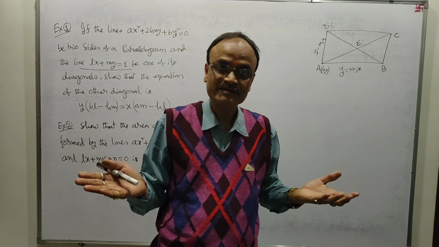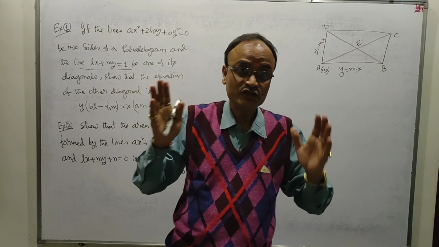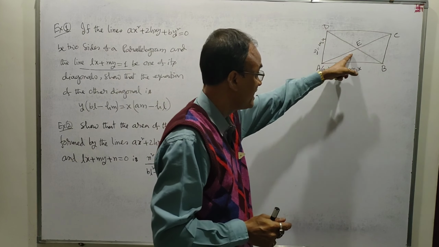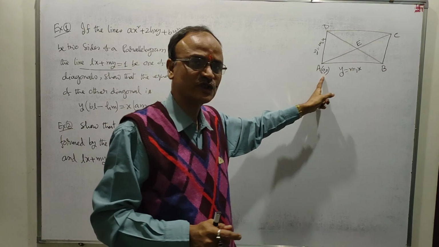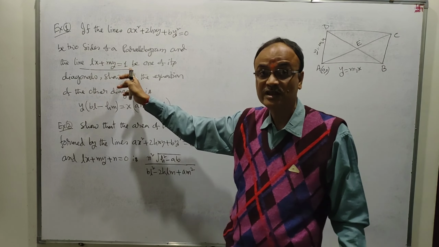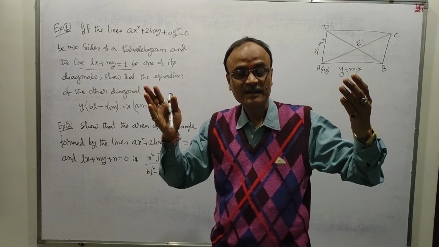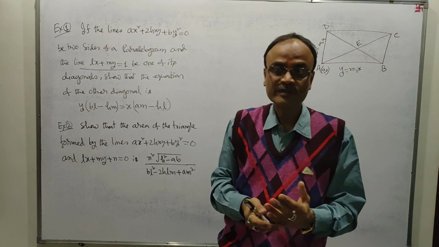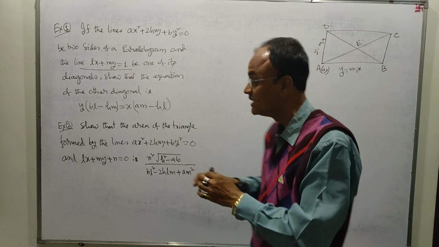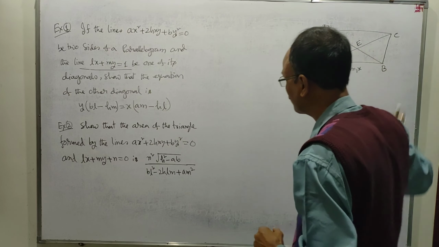Clearly, lx plus my equal to 1 is not the diagonal AC because the diagonal AC must pass through the point 0, 0. But the point 0, 0 does not satisfy this equation. This means that lx plus my equal to 1 does not pass through 0, 0. Therefore, the equation lx plus my equal to 1 must represent the other diagonal, BD.